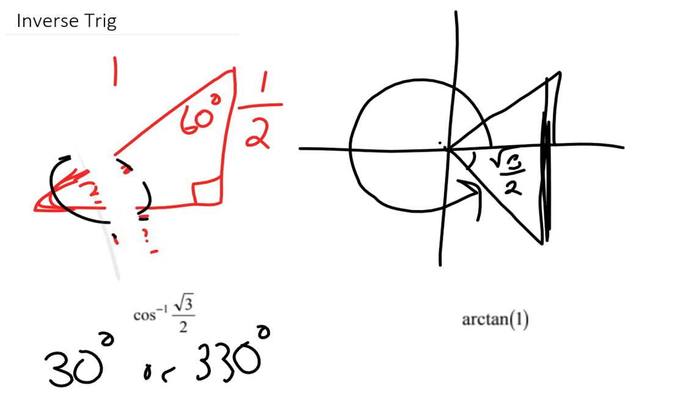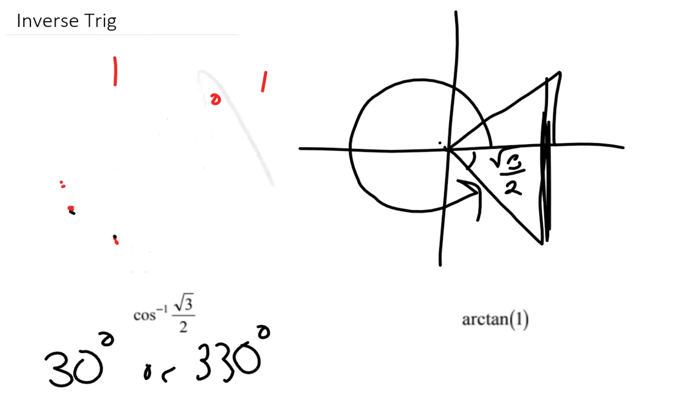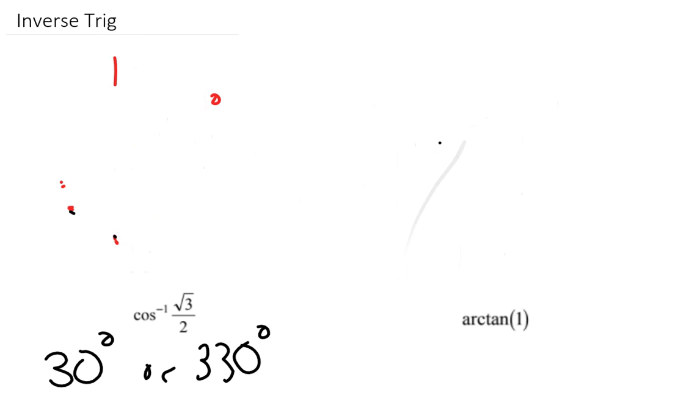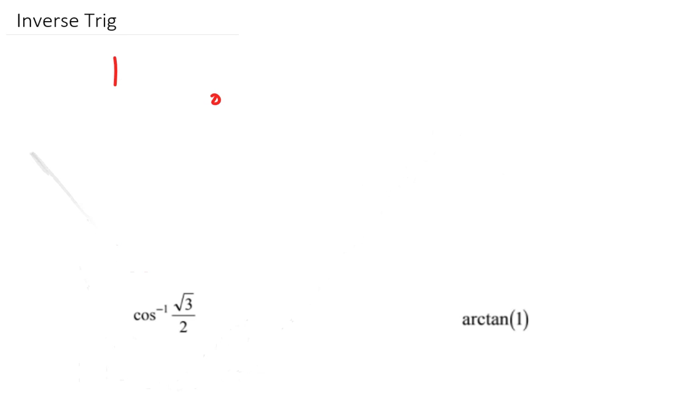Now if I look at the tangent of 1, this one's a little bit more difficult. When we think of 1, we're thinking of either 0 degrees, 90 degrees, 180 degrees, or possibly even 270 degrees.